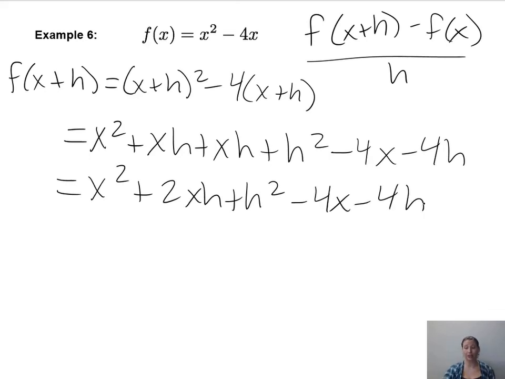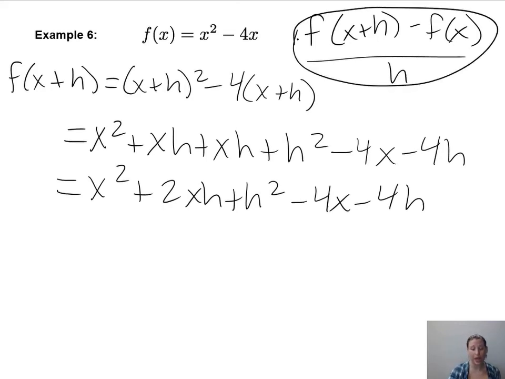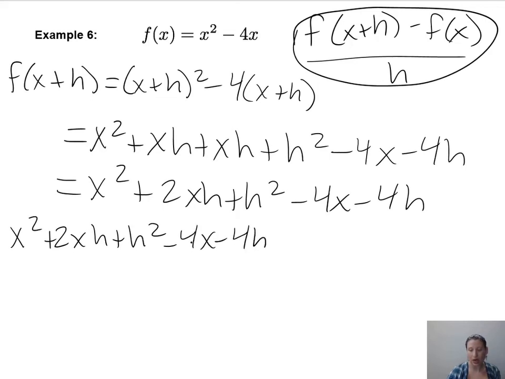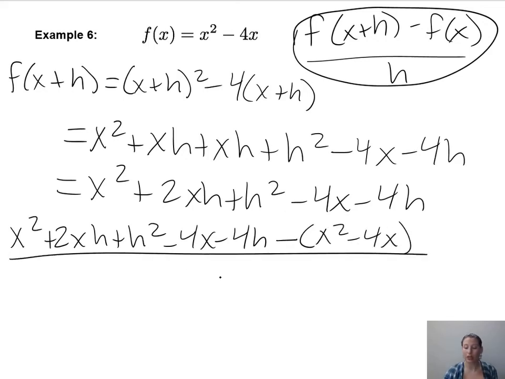Now we have to put it into the actual difference quotient here, right? So that means we have x squared plus 2xh plus h squared minus 4x minus 4h minus the quantity x squared minus 4x. That's f of x, remember, over h.